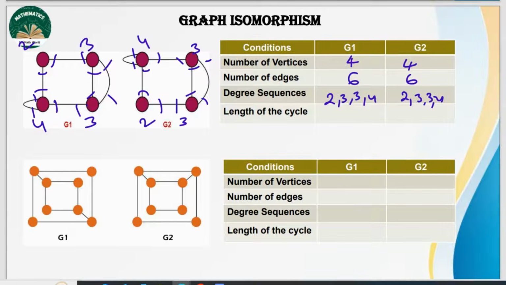Now if you take a cycle in this graph, we have to connect the mapping from one graph to the other graph.